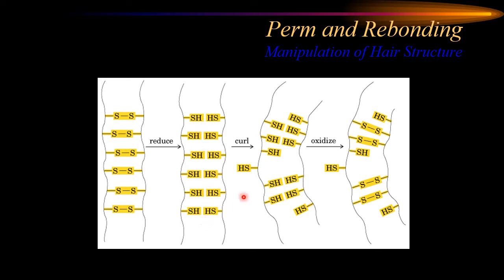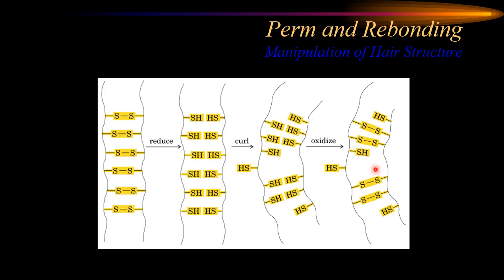And then if you're getting a perm, they curl the hair into place, let it sit for a while, and then reoxidize it into a different connectivity. So this is the original connectivity, so your hair may be straight or curly at this stage, and once you get the curl, it's oxidized, but it's no longer in the original configuration.